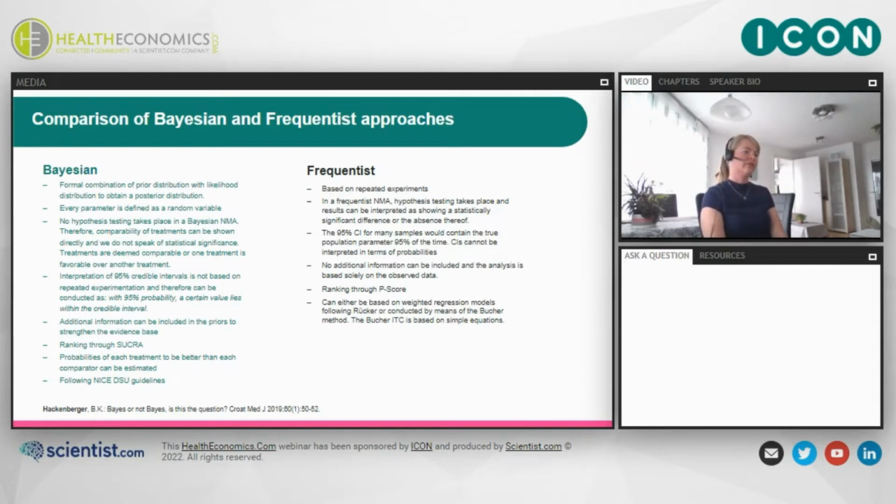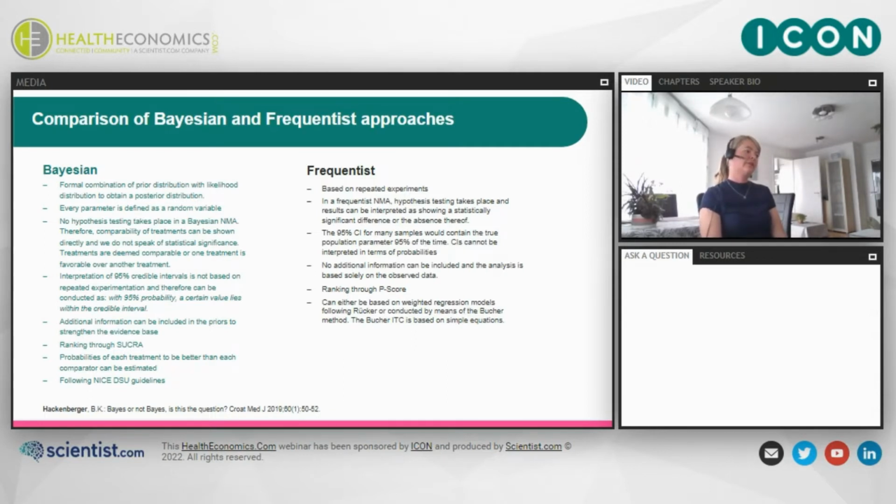One major advantage of Bayesian approaches is that we can additionally incorporate information directly into the priors to strengthen the evidence base, which is especially relevant if we have a sparse evidence base. We can rank the treatments through the surface under the cumulative ranking curve, the so-called SUCRA.